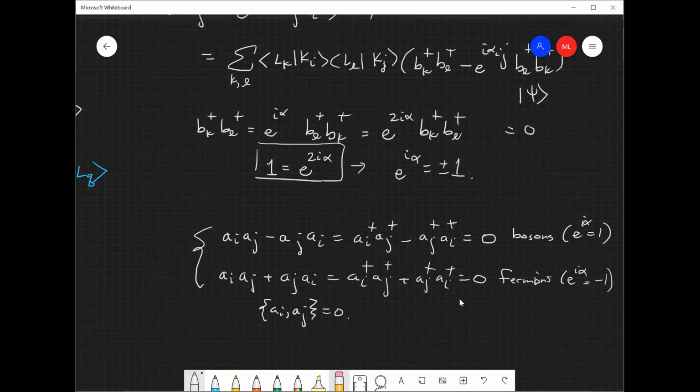And that's really nice, a very easy way of seeing the Pauli exclusion principle right away from these anti-commutation relations. Any questions about that?